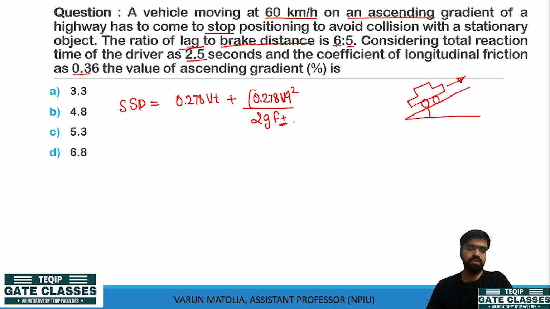So let us remove the minus: F plus n%. N% means n divided by 100. So this is the total SSD, where this is your lag distance and this is your braking distance.